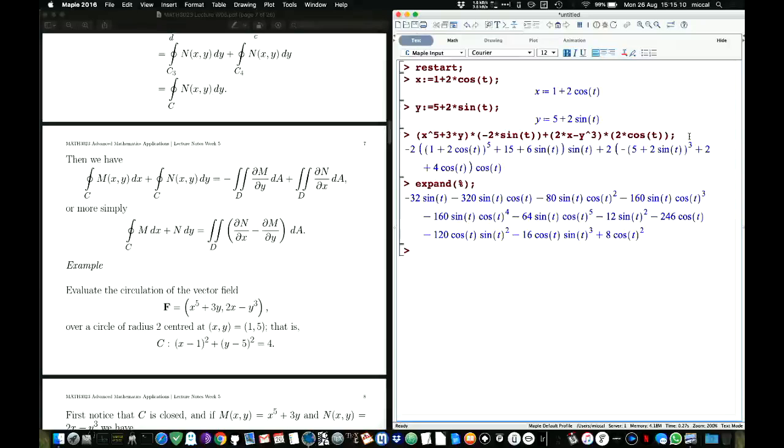But you could. Because the last step, of course, is you integrate this. It'd take you a long time to do it by hand, but you could. We get the answer as minus 4 times pi.